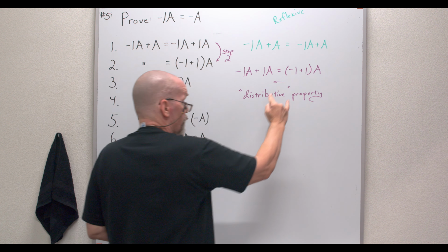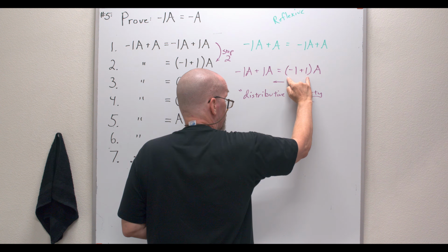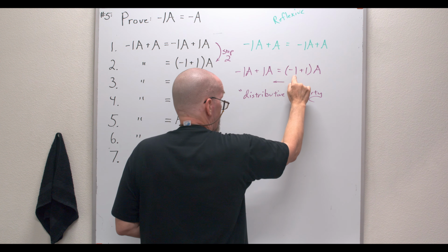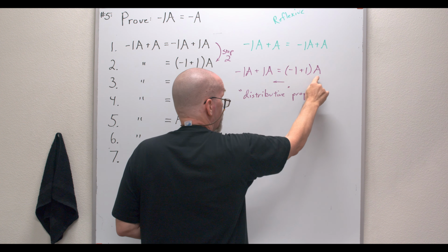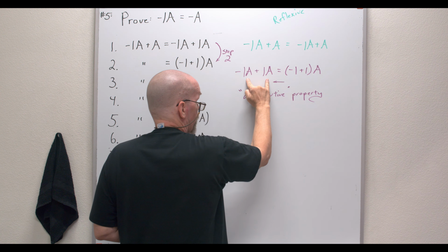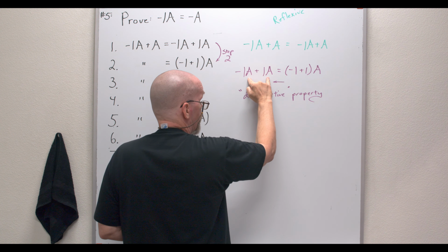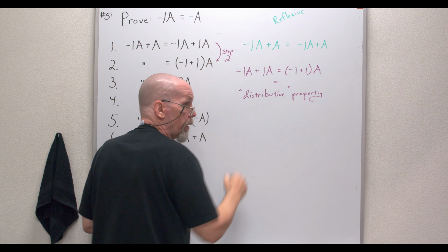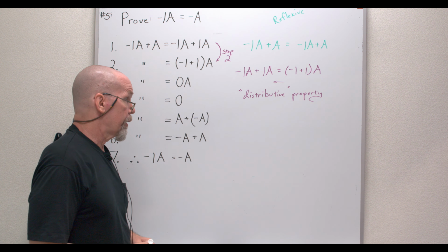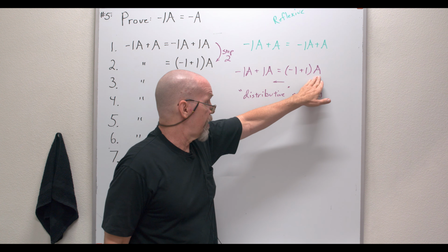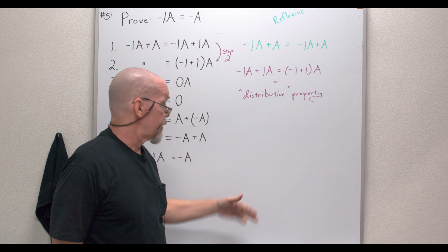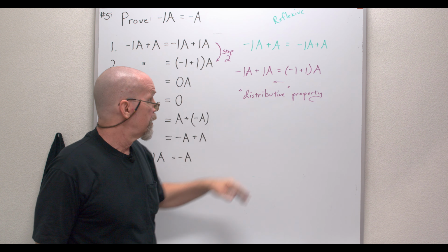These parentheses are sort of forming a grouping, like a room. Negative 1 and 1 are both inside the room, and a is being distributed to both of them. It now goes with both those numbers, negative 1 and positive 1. That's what a distributive property does. It gives this thing on the outside to everything on the inside, so distributive property.